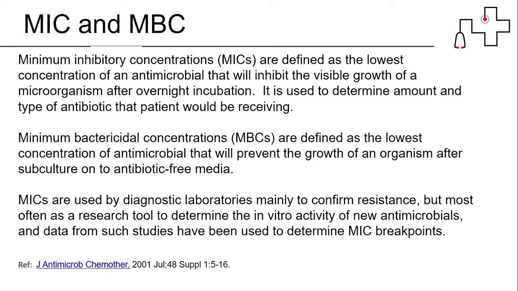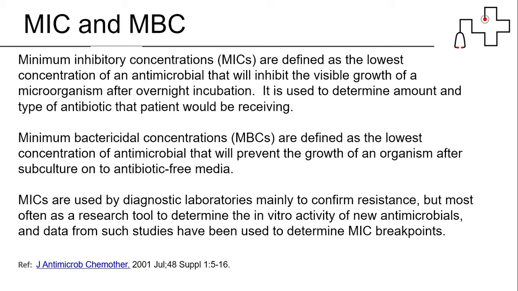Minimum inhibitory concentration is defined as the lowest concentration of an antimicrobial that will inhibit the visible growth of a microorganism after overnight incubation. It is used to determine the amount and the type of antibiotic that the patient would be receiving. To simplify, this is the lowest concentration of an antimicrobial agent that will inhibit the visible growth of microorganisms.